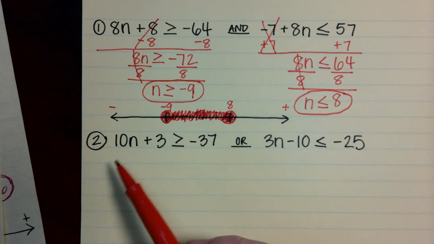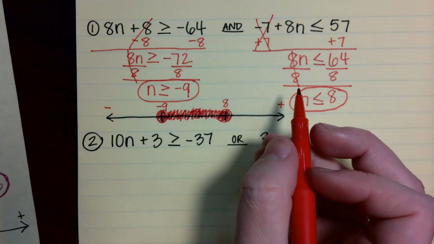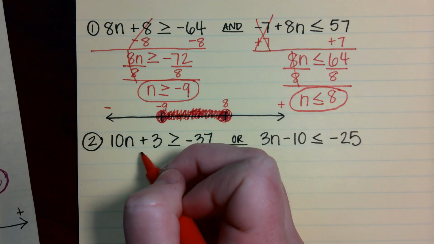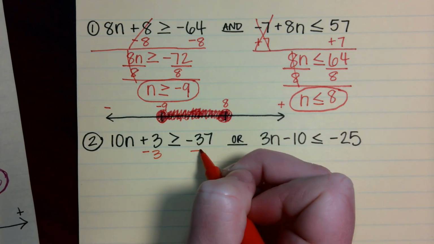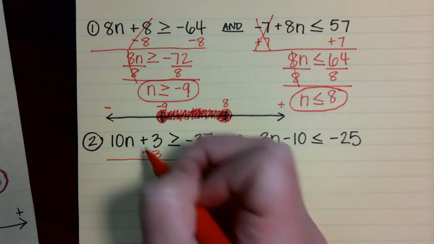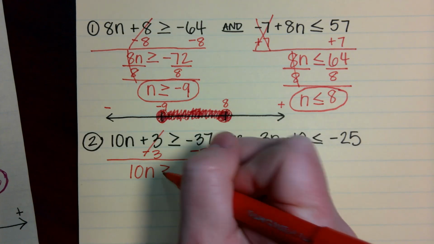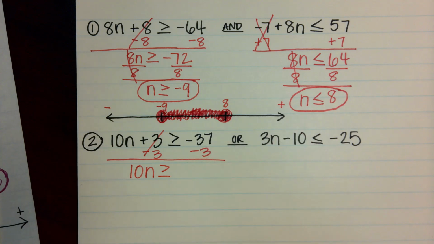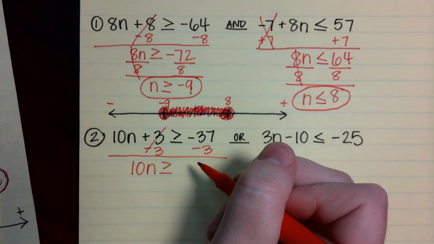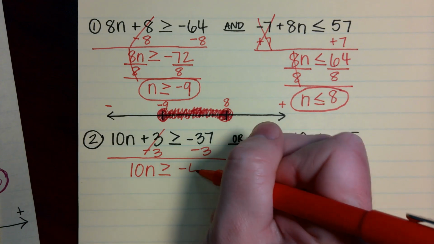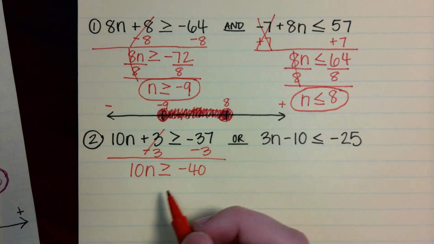What'd you do first? Subtract 3, good. Both sides. And that's going to give me 10 times n is greater than or equal to, what is -37 minus 3? -40. All right, what's next?